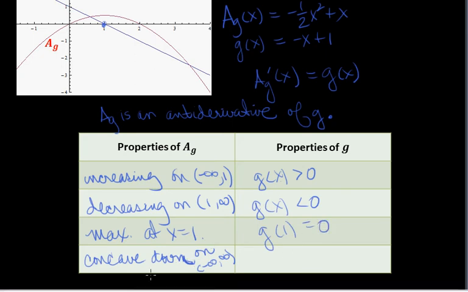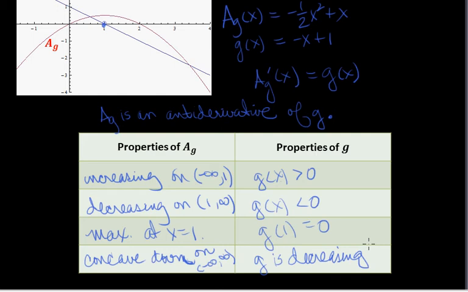And for a graph that's concave down, we see that g is decreasing. You're probably remembering from Calc 1 that if a function's graph is concave down, its second derivative is negative.